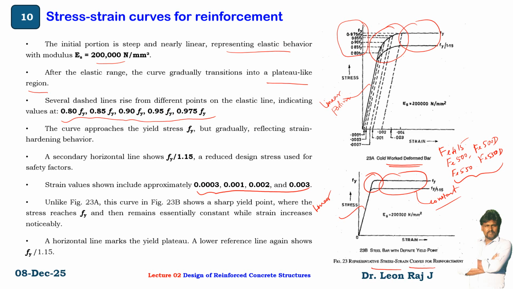Fy by 1.15 is the design yield stress for mild steel and for TOR bars, that means cold work deformed bars. So here the yielding strain shall be Fy divided by 1.15 Es plus 0.002.